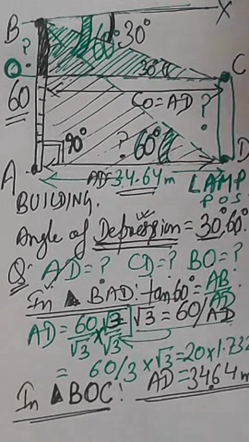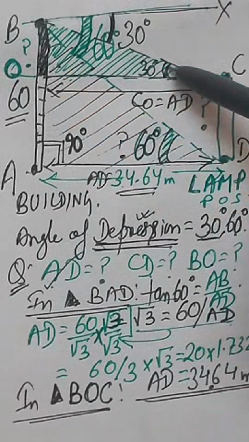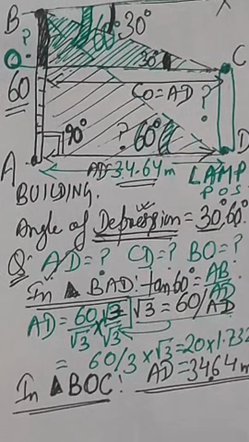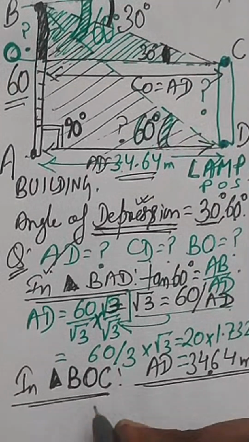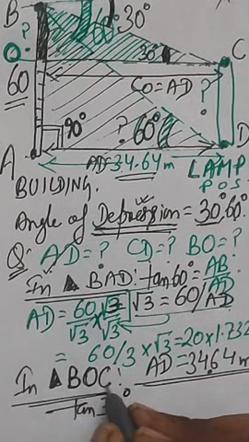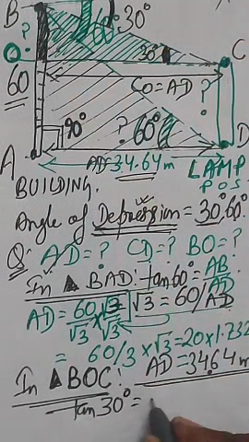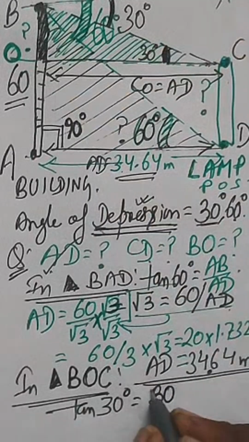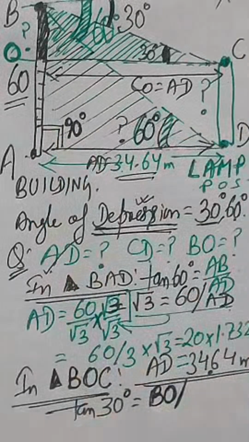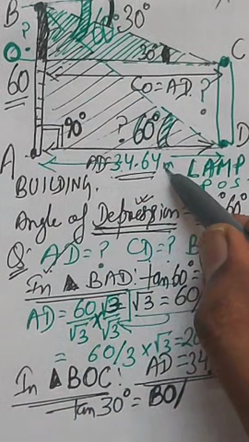So when you consider the tan of 30 degree, this angle, then we can say tan of 30 degree in triangle BOC will be the ratio of BO to CO, and CO is nothing but AD, and AD we have calculated as 34.64 meter.